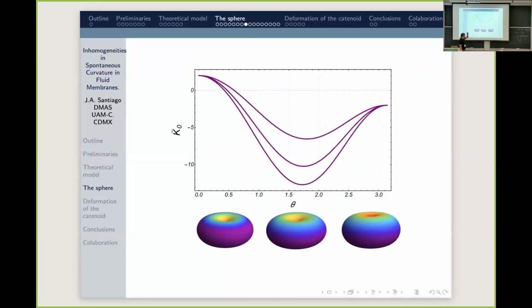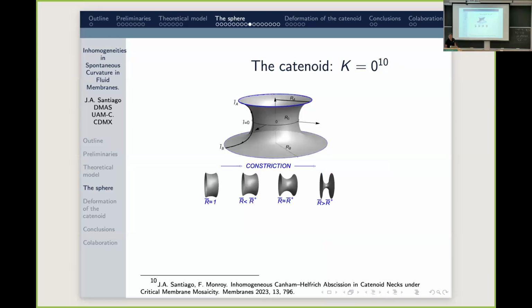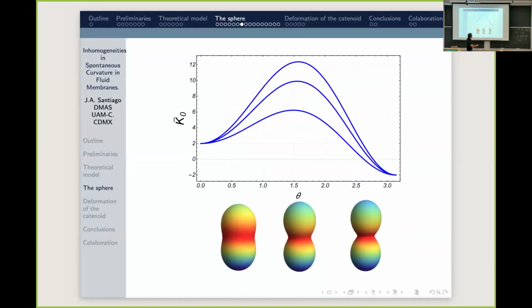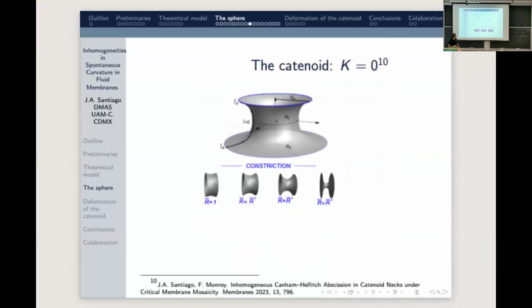This is research in progress. I don't have every result, right? But let me say something about the catenoid. The catenoid is nice because in this region it seems like a catenoid, right? Then if we are interested in the nature of the forces acting, probably the catenoid is a good example.